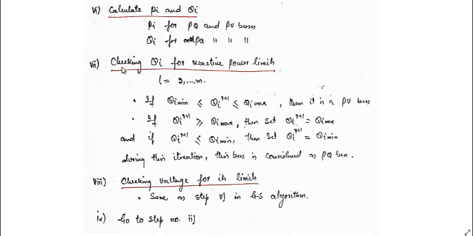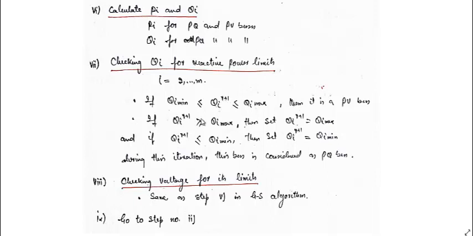Now after that, this checking of Qi for the reactive power limit is almost the same as what we have done for the GS method. So here i will run from 2 to M, that is, this has to be checked for every PV bus. If Qi is within limits, then it's a PV bus, and Qi (r plus 1) will be the value which has been calculated from the different values of the variables.